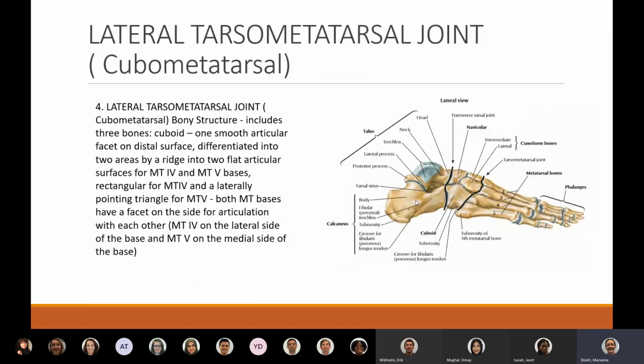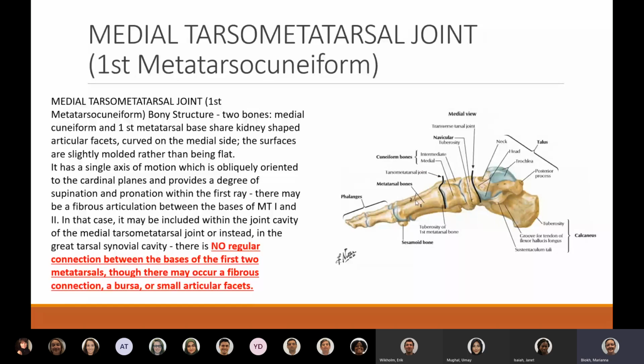Okay, so let me see. This is talking about lateral tarsal metatarsal joints, medial tarsal metatarsal joints. You can read about it. The one important thing to note is that there is no regular connection, so it's not 100%, nothing is guaranteed, between the bases of the first 2 metatarsals, not the heads, because you have transverse ligaments that run there, right?